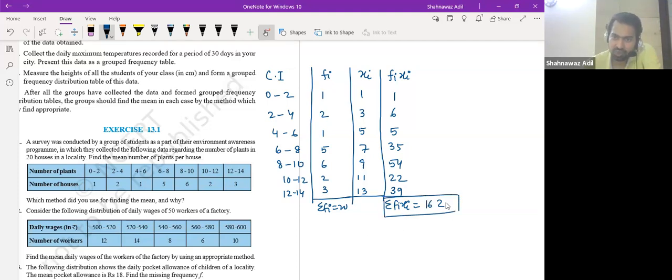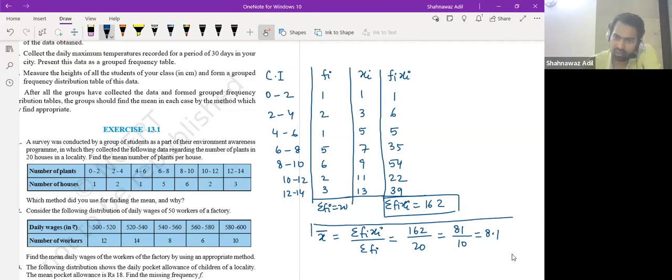Right. So this is a summation of fi xi. And if I want to calculate mean, this would be simply from direct method. This is summation fi xi divided by summation fi. So what is this? 162 divided by 20. So this is 8 and 1 divided by 10, so 8.1. So the mean plants are how much? 8 plants, right?